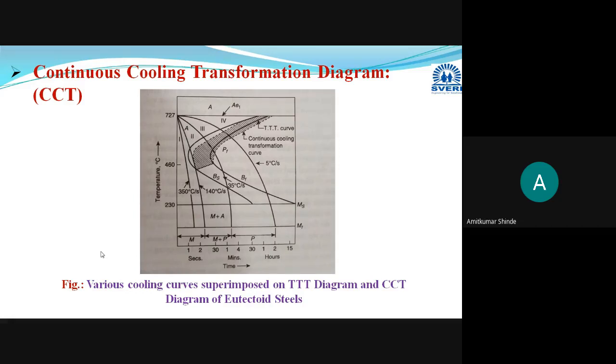Whenever we enter the bainitic transformation zone, it initiates the pearlite transformation, and we end up with pearlite only. In this way we have studied the transformation products of austenite, TTT diagram, CCT diagram, and critical cooling rate.